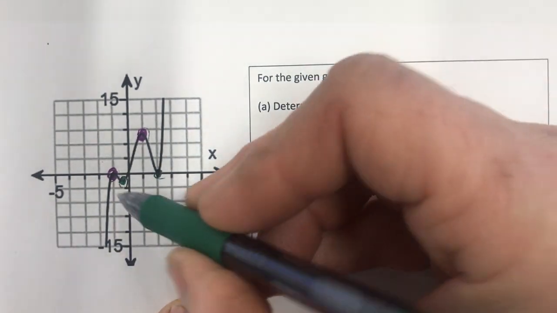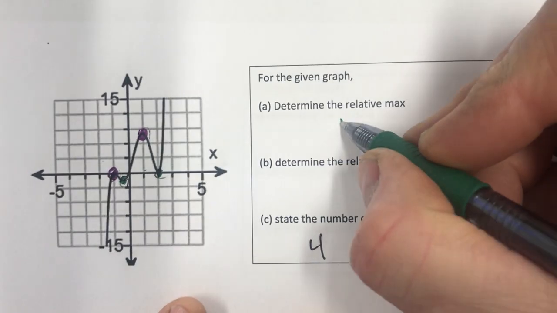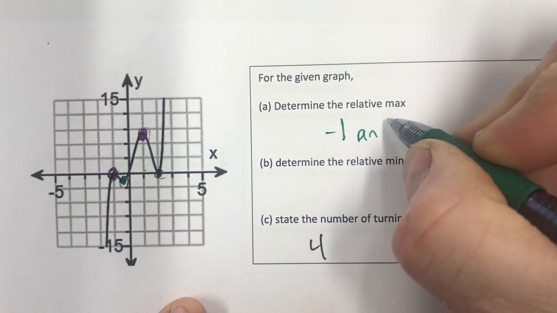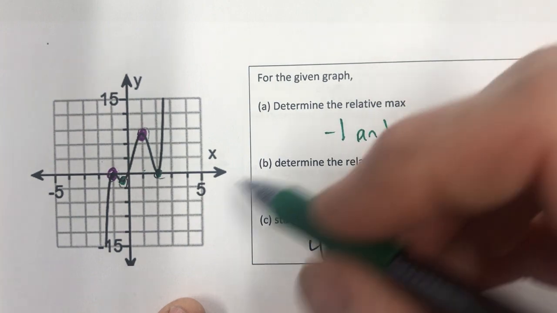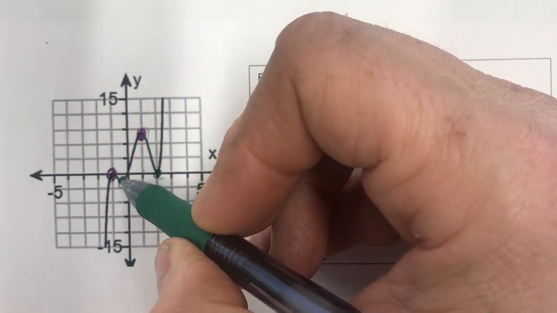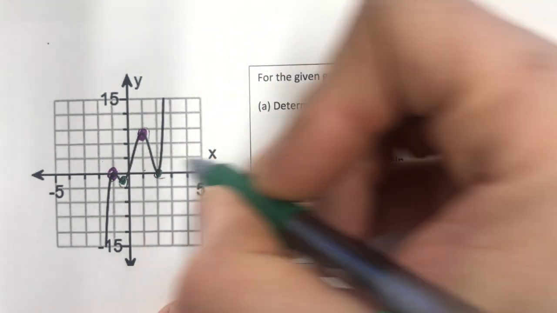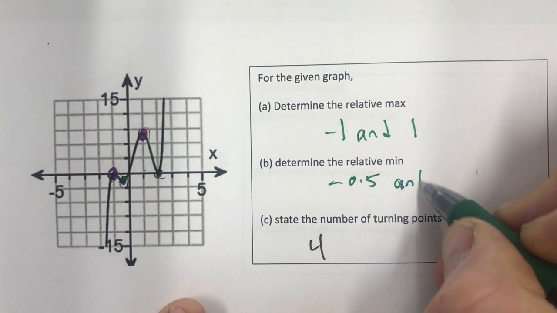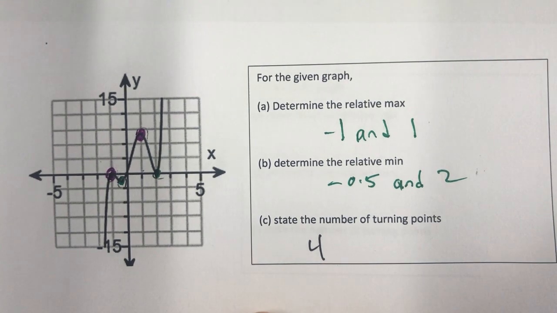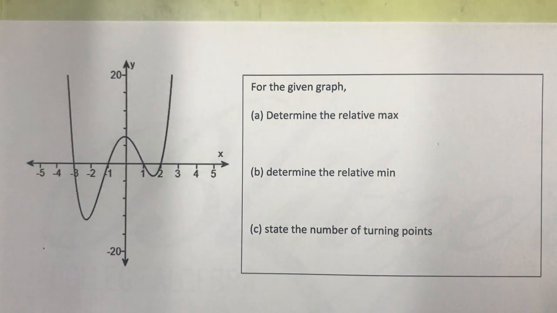So my relative max, here's one at negative 1, and here's one at positive 1. Negative 1 and positive 1. The relative min, this looks like negative 0.5, and this looks like 2.